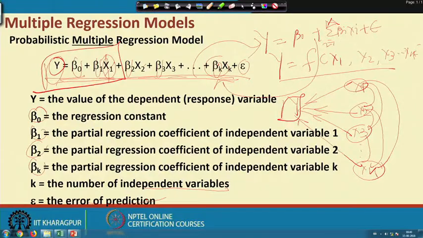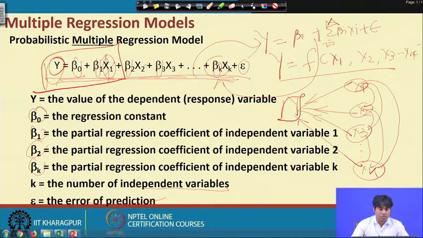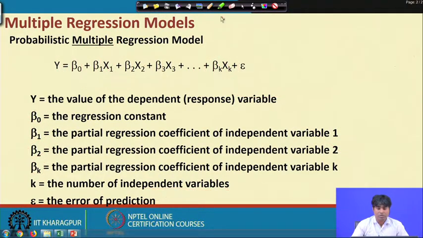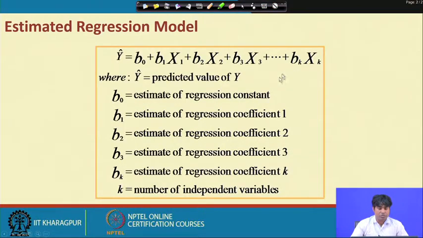Of course, the complexity is the relationship among the independent variables, otherwise the process is more or less the same, whether it is a bivariate, trivariate or multivariate structure. So let us see how this kind of environment works, and how we can obtain the particular process. As usual I have mentioned, y cap is the estimated model, and by default the error term will be removed in the process.